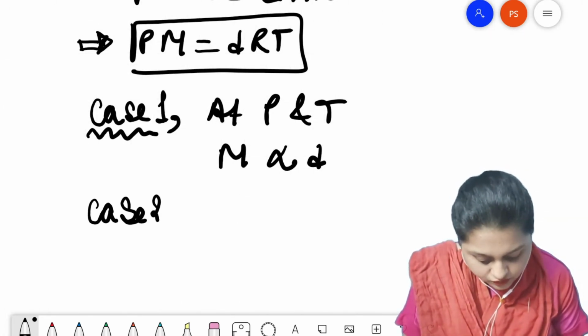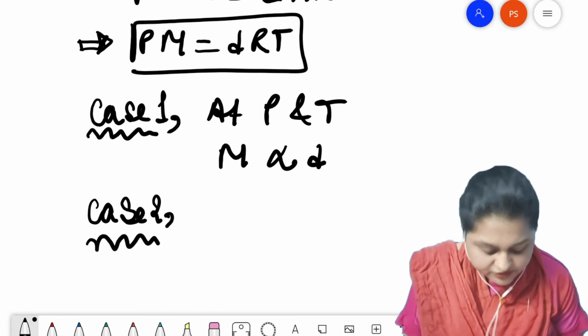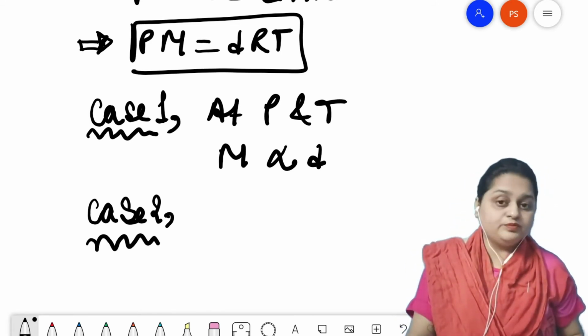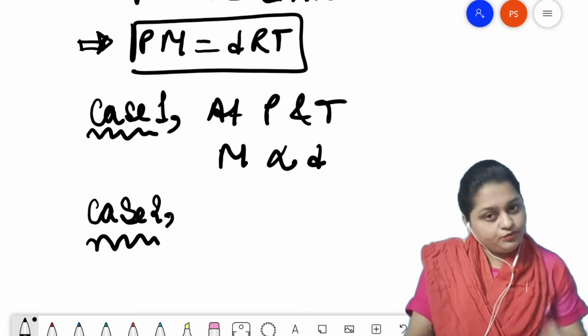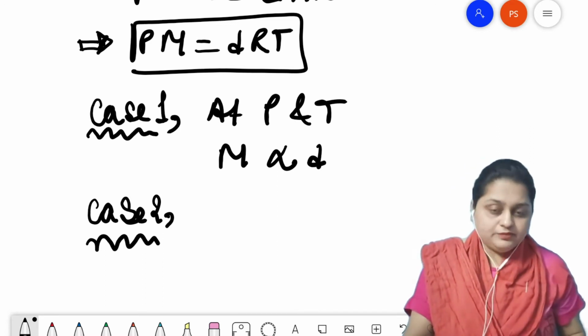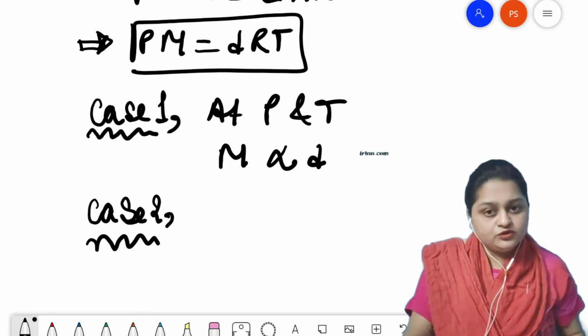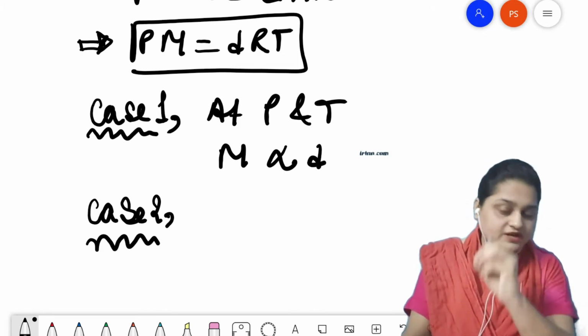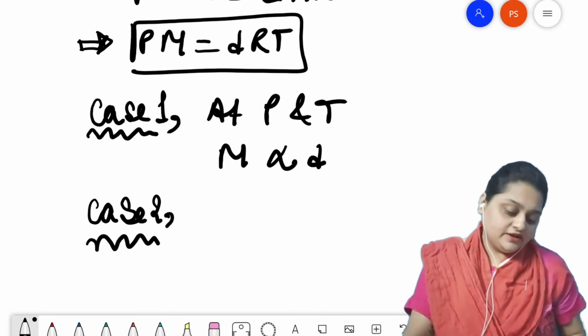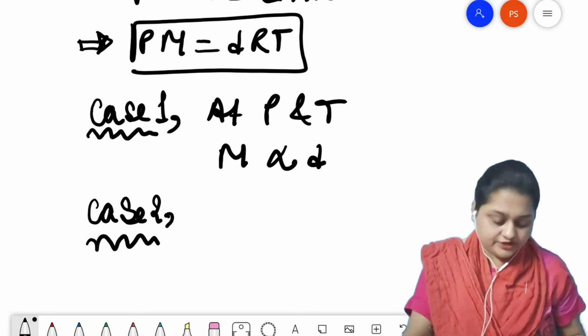Case number 2 says that supposedly I am trying to compare a particular gas, so the molecular mass is constant, at a particular constant pressure, and I try to see how the density of the gas will change if I alter the temperature.